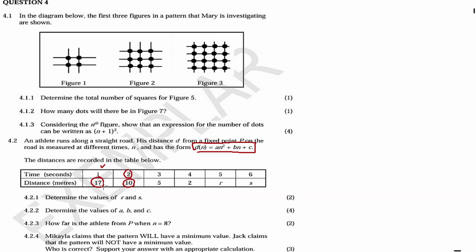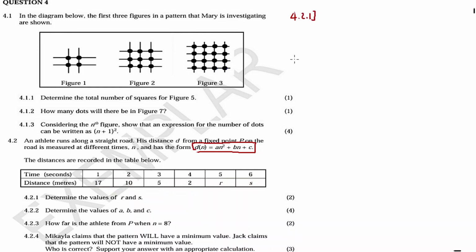That's why the distances are decreasing instead of increasing, right? Then on the 3rd second, the distance is now 5 meters away from the destination. 4 seconds later, it is now 2 meters away. I don't know, but one thing for sure, the distance is decreasing because he or she is approaching the destination point.